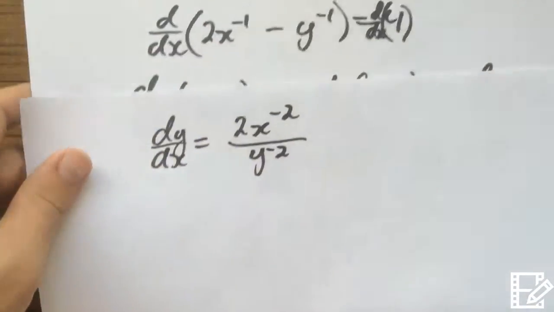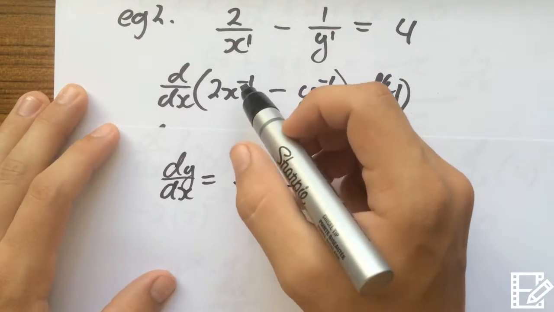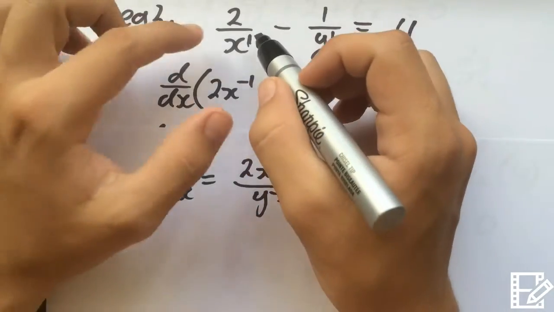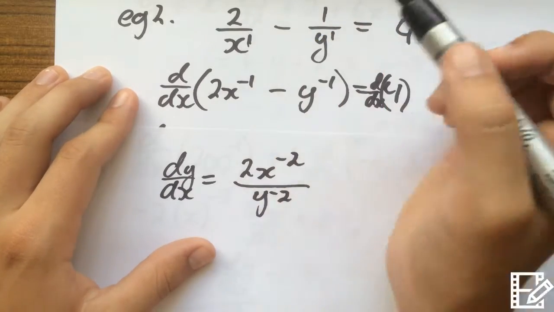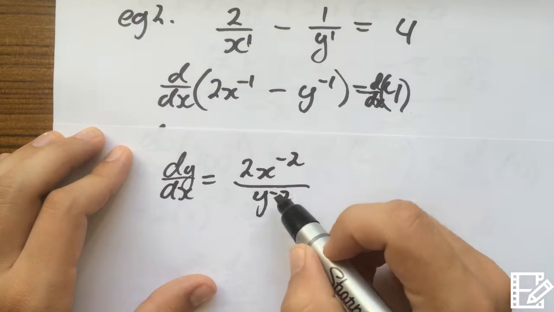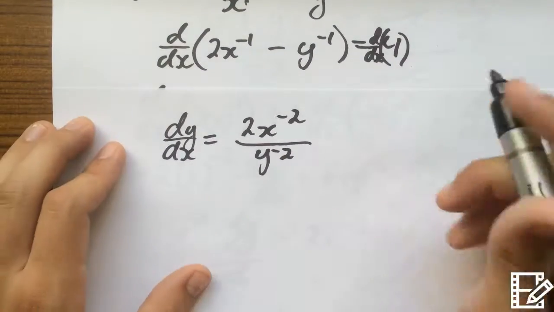And just like before up here, you should know this: if it's a positive on the bottom and we bring it to the top, it's a negative. If it's a negative on the top, we bring it to the bottom. And if it's a negative on the bottom, we bring it to the top. That's what you do to make them positive.